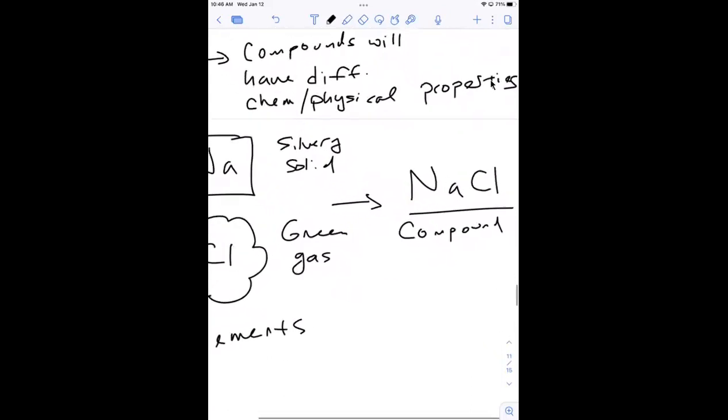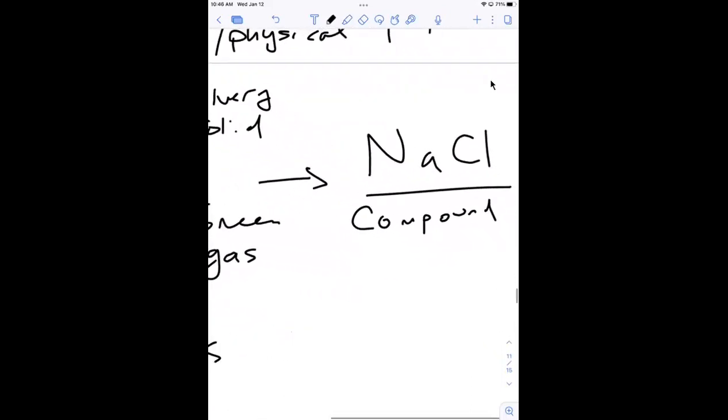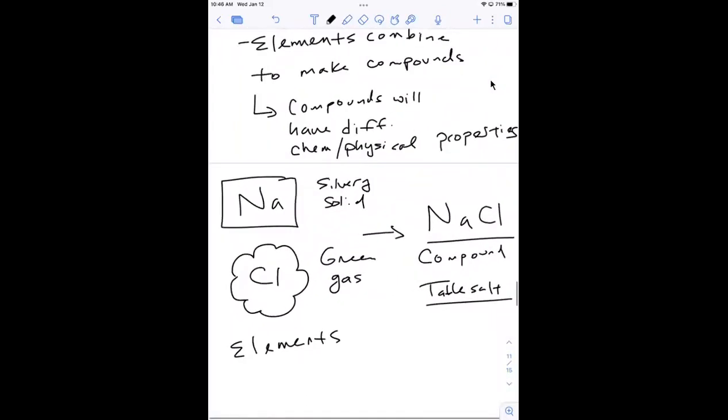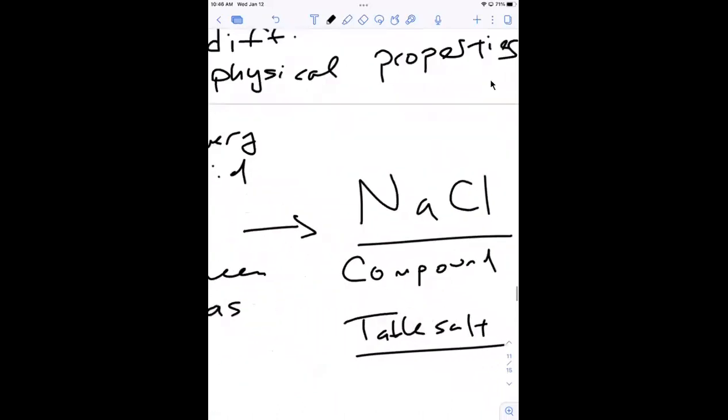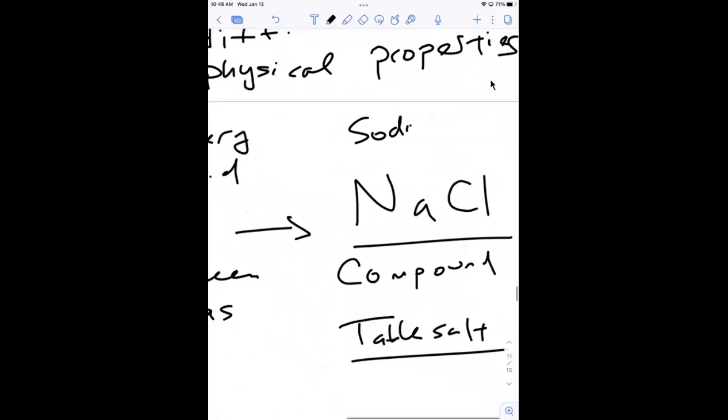All right, if I take those two and put them together, I get table salt. I'm sure many of you already know this. If you eat a spoonful of sodium, you will die. If you inhale enough chlorine gas, you will die. But when you put those two things together to make the compound sodium chloride, right, you can eat this.